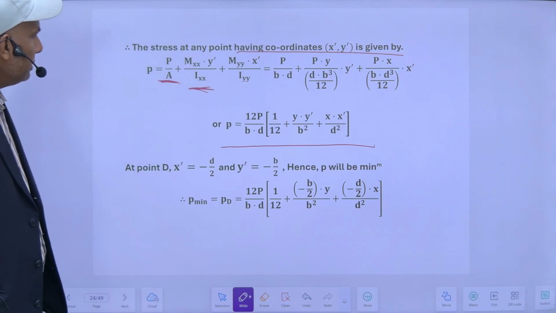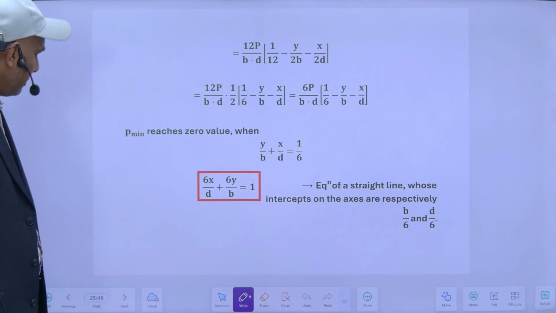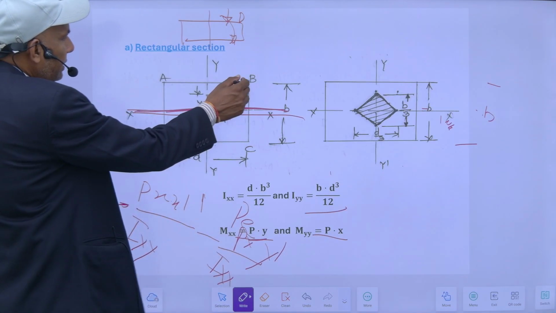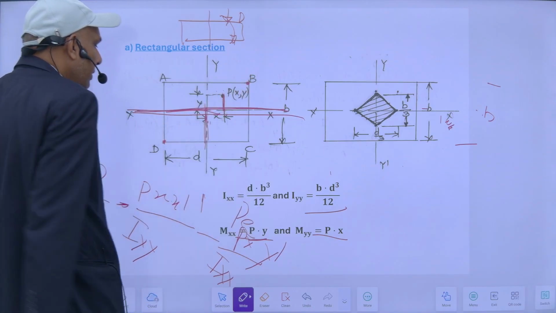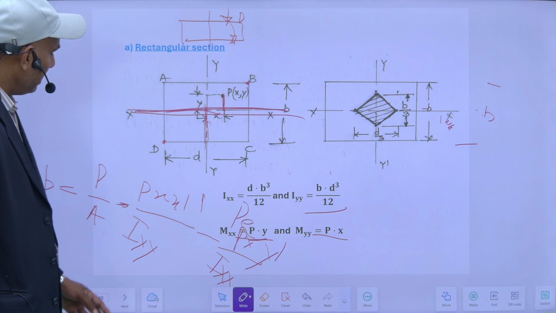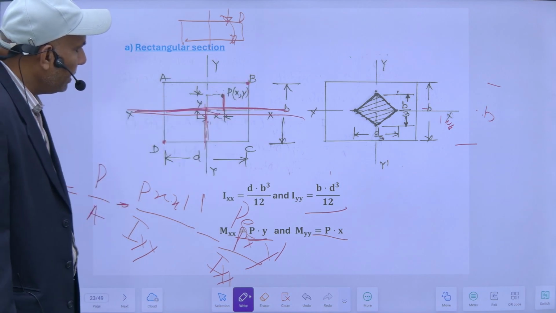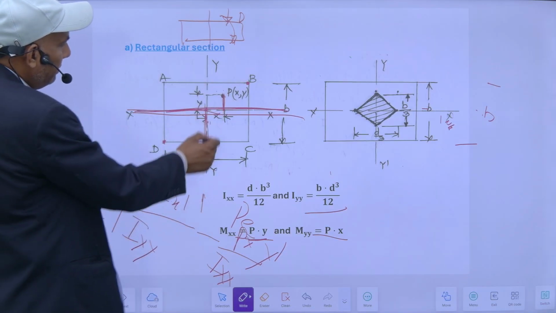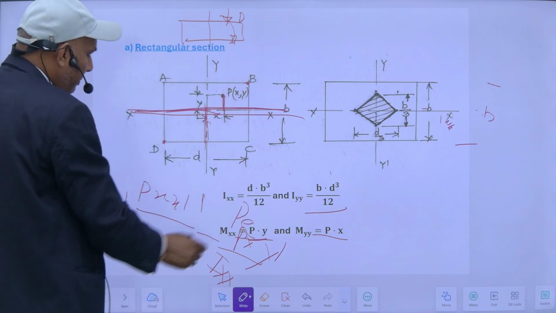Suppose my point is in coordinate 1, here. If I take this point, it will be compressive throughout: due to direct load it will be compressive, and because of this moment it will also be compressive, and along this as well.